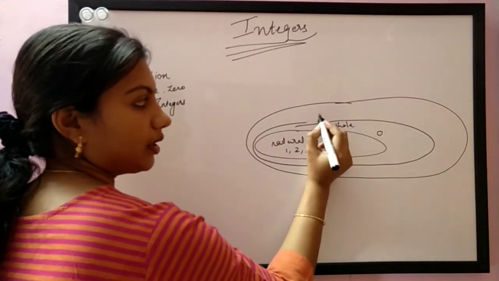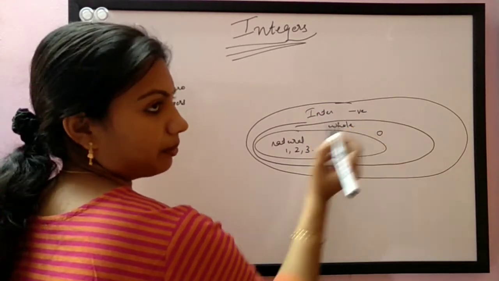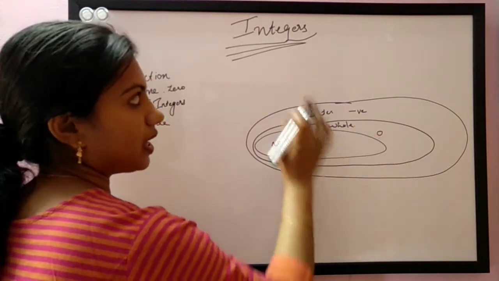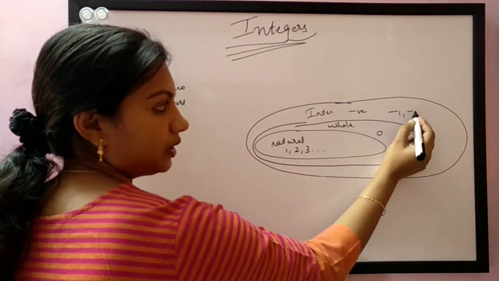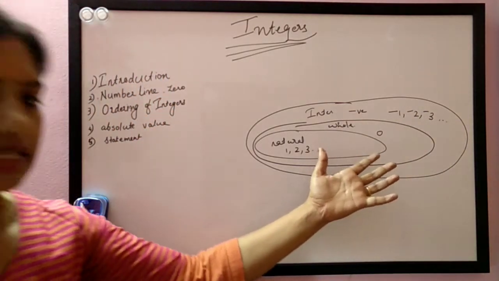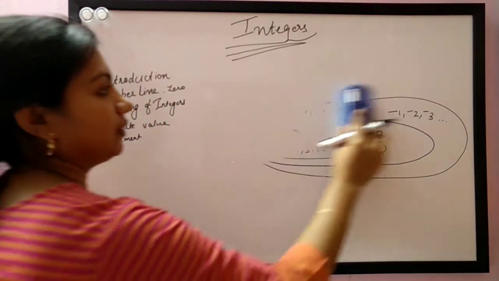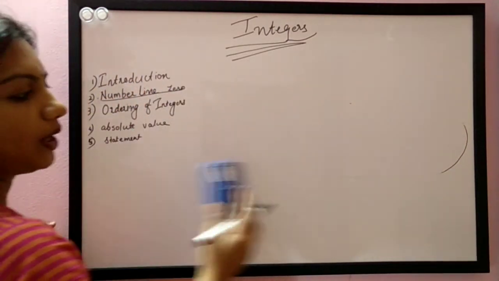Integers are nothing but the negative numbers along with the whole numbers. Negative numbers are -1, -2, -3, etc. So these are integers.